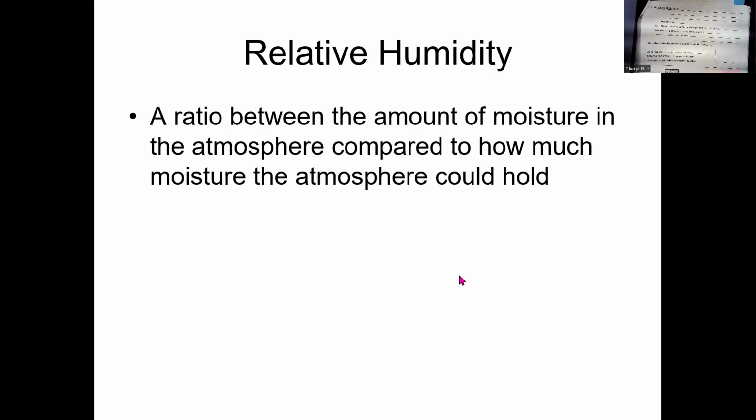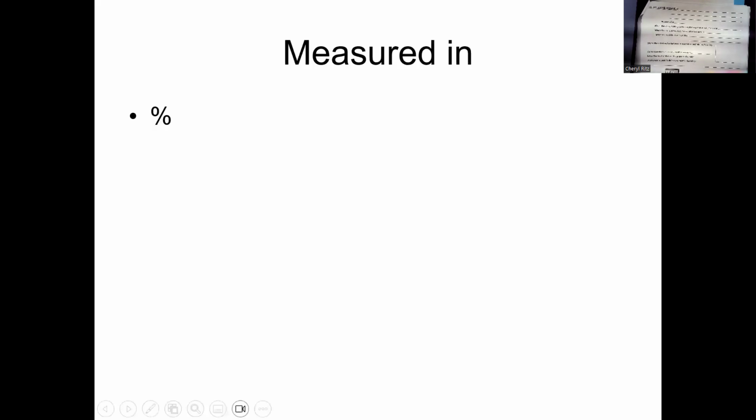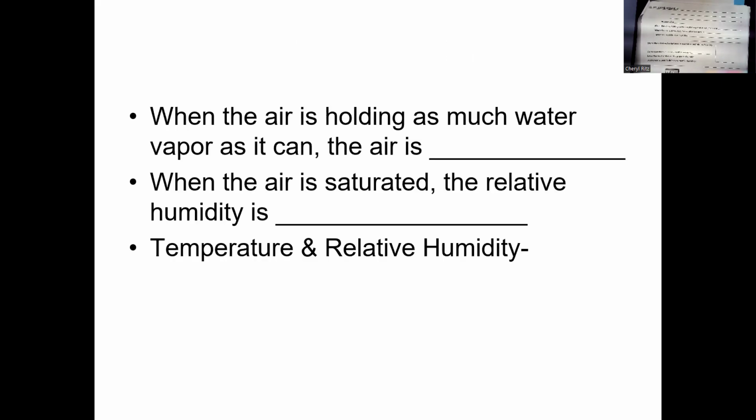If you haven't already written it down, the next bullet is it's measured in percent. And then the next couple are just fill in the blanks here. What do you think we call it when the air is holding as much water as it can? 100%. It is 100% relative humidity.